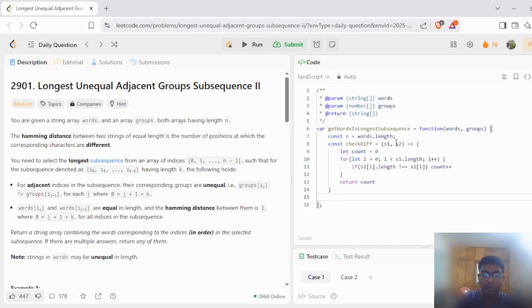Here we are going to get a difference of the two characters, and let's start initializing the DP array. And this would keep track of the previous index if we find any value.